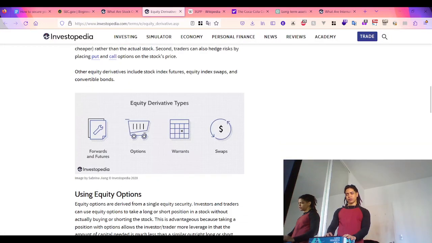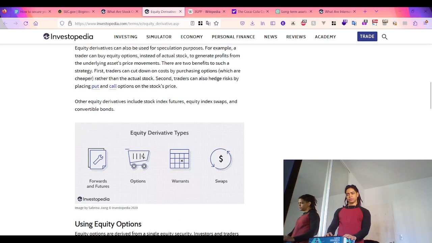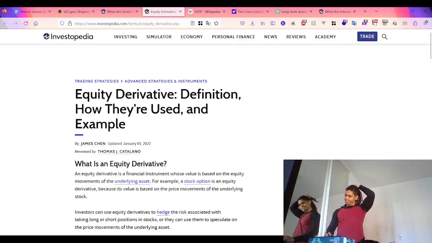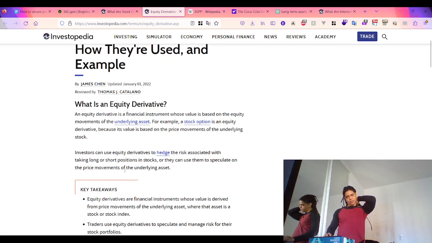Forward and futures, options, warrants, and swaps. Understanding equity derivatives. Equity derivatives, definition and how they are used, with an example.